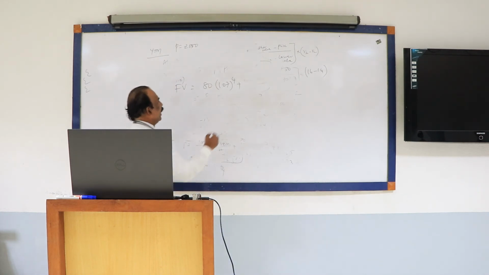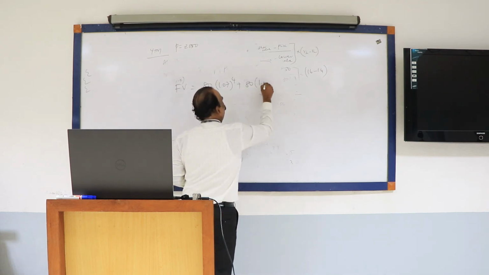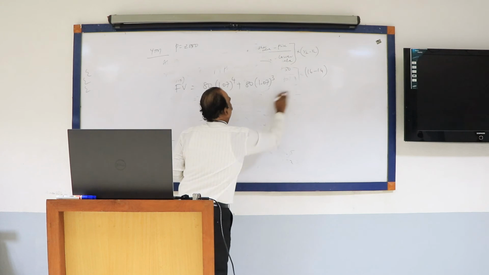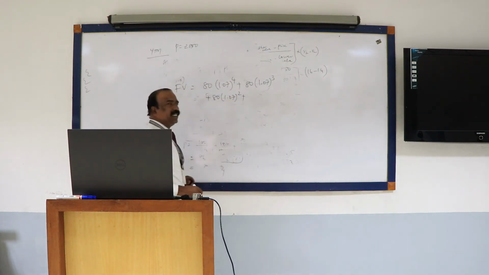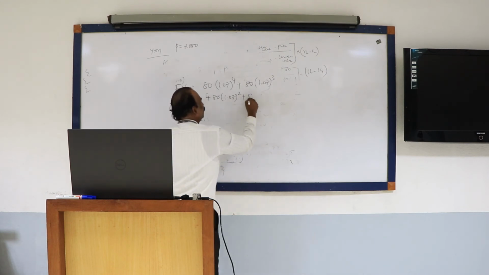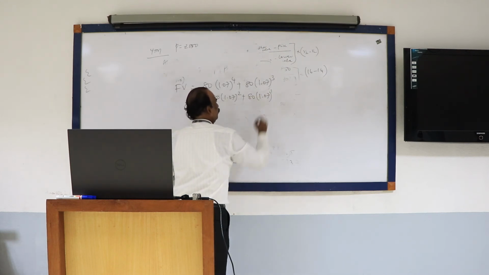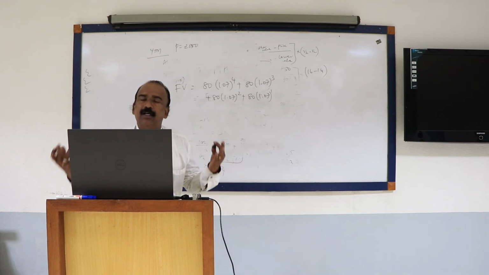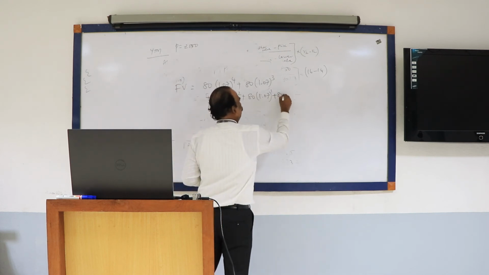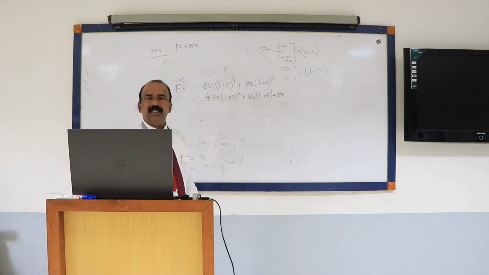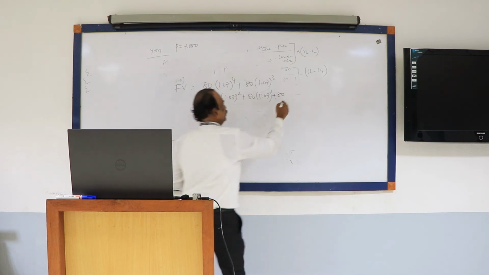Then plus 80, the second year interest that he is receiving, reinvested for 3 years: 1.07 power 3. Plus 80 into 1.07 power 2 for the third year interest. And then the fourth year, he is reinvesting for 1 year. The fifth year interest he cannot invest because it's over, so plus 80, we cannot reinvest. Plus he is getting back 1000 rupees. Plus 1000.